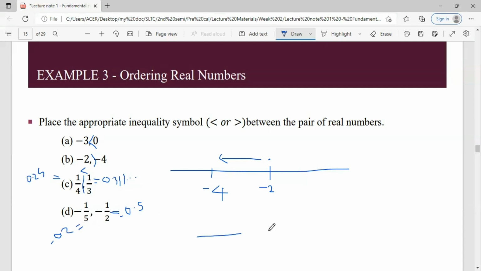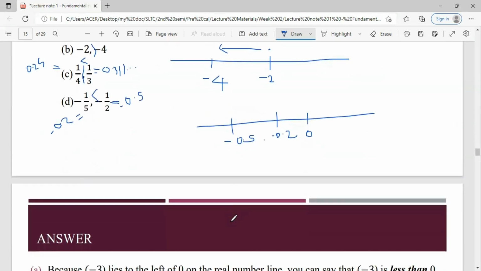So we know that on a number line, minus 0.5 is somewhere here, then minus 0.2 is somewhere here, and 0 here. So minus 0.5 lies left of minus 0.2. Therefore, this one is less, this one is the highest value. So this symbol, right? Okay, then let's move to the next part.